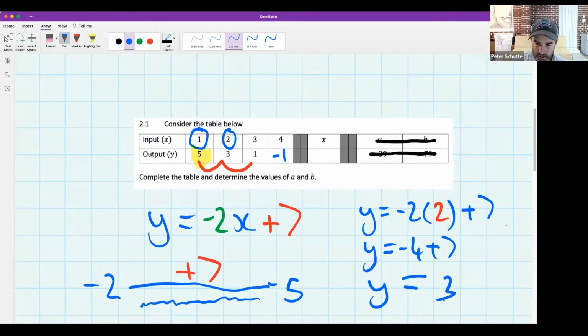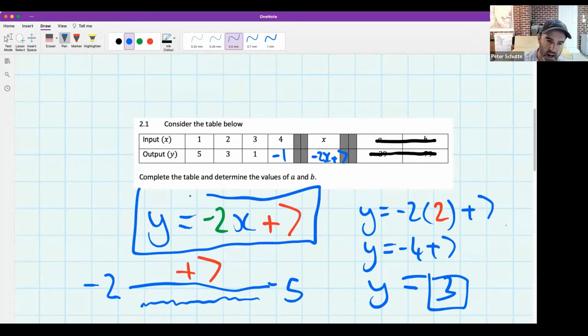Guys, happiness. We end up at 3, which is what we expected. Okay, so the rule in here is just going to be -2x + 7. That's if it was just the output by itself, but the full rule is going to be y = -2x + 7.